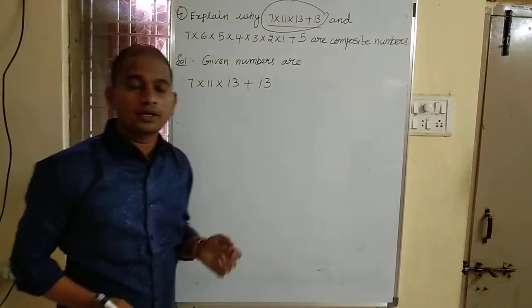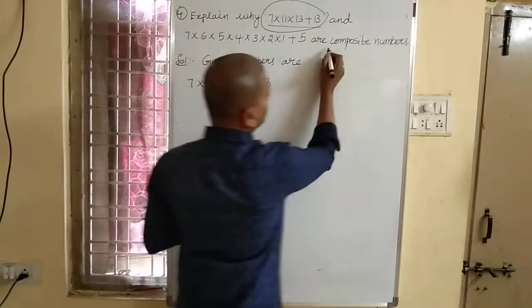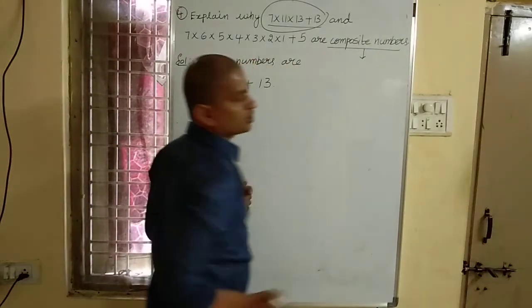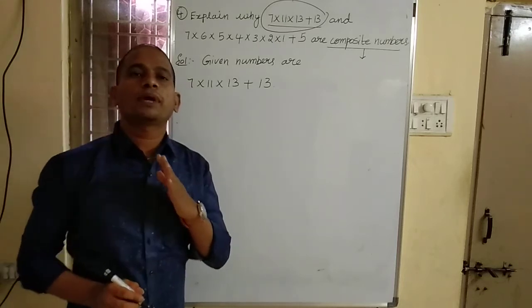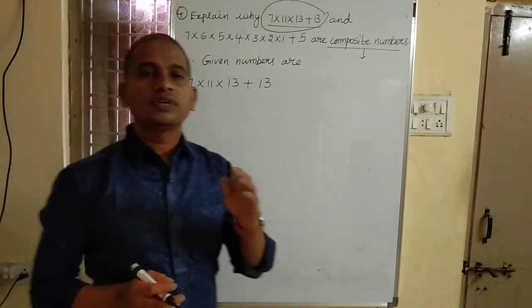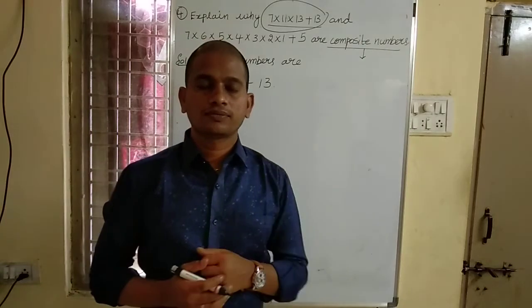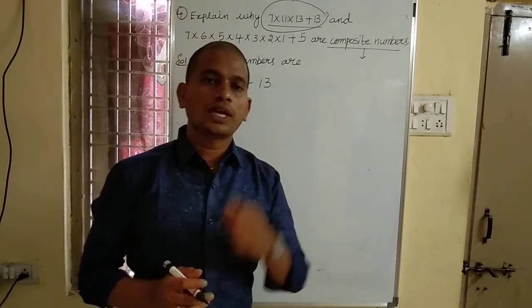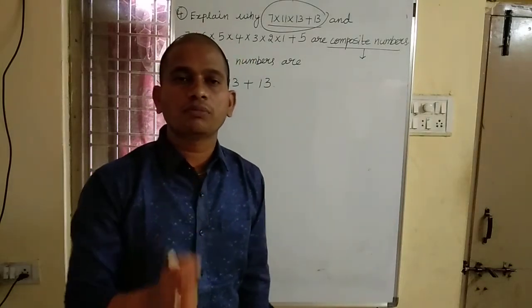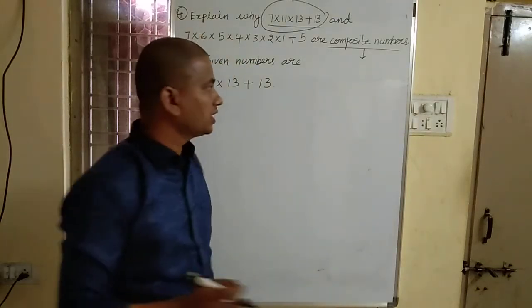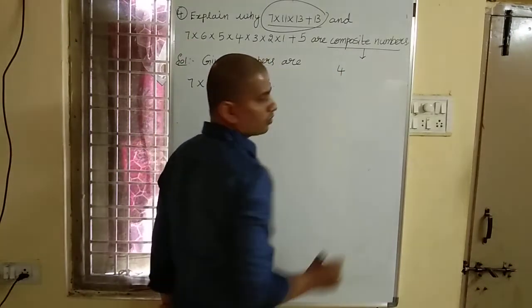Before going to that, what do you mean by composite number? It is exactly opposite to the prime number. A number which is having more than 2 factors. The smallest composite number is 4. Let me take number 4.